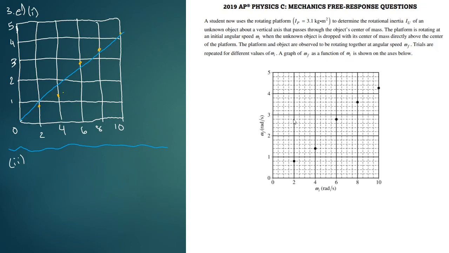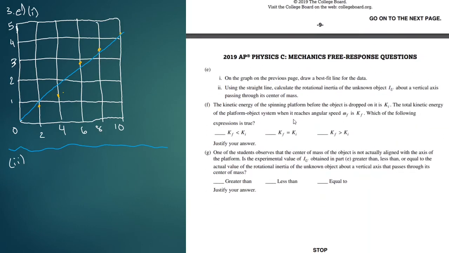So it's similar to the previous question, in which case the unknown object was dropped with its center of mass directly above the center of the platform. So the same idea applies, that it's a collision, so we conserve momentum. And so I'm going to go directly to say it's I1 omega 1 plus I2 omega 2. This is initial.